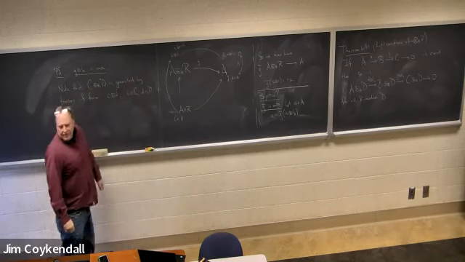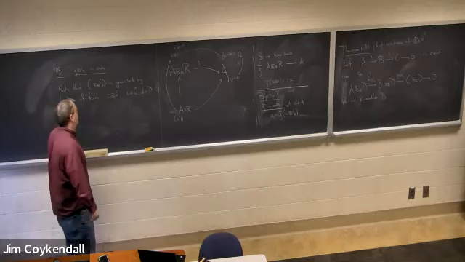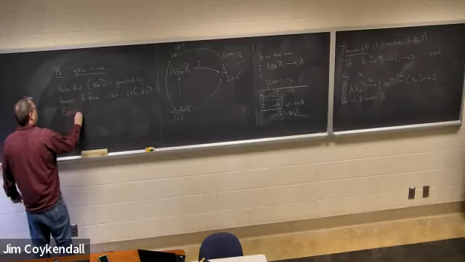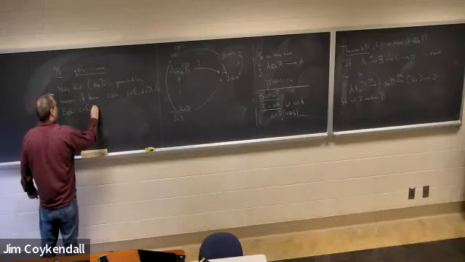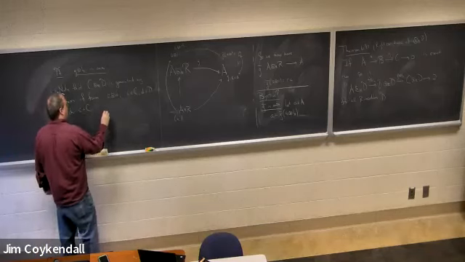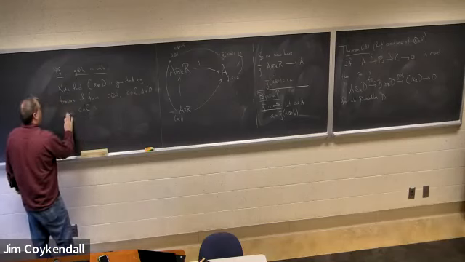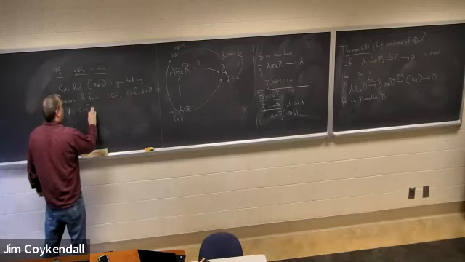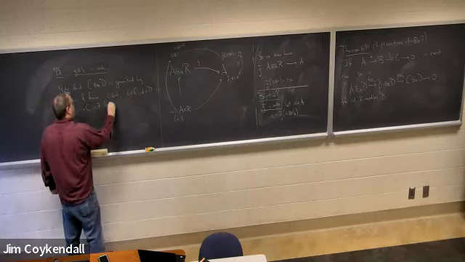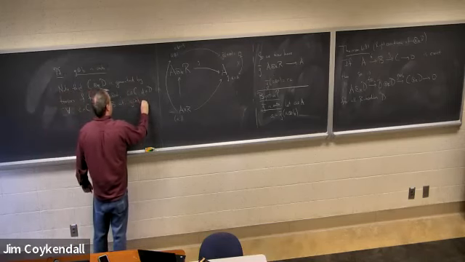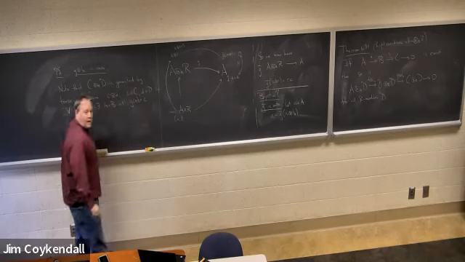So everything in C tensor D is a sum of these little tensors like this, and each c in C is, well, for all c in C, there exists b in B such that G of b is equal to c. Right.